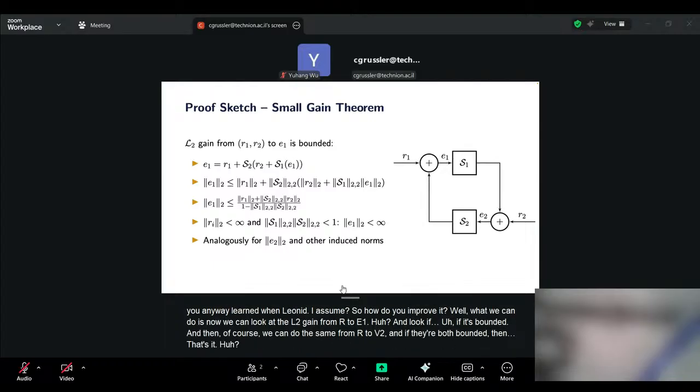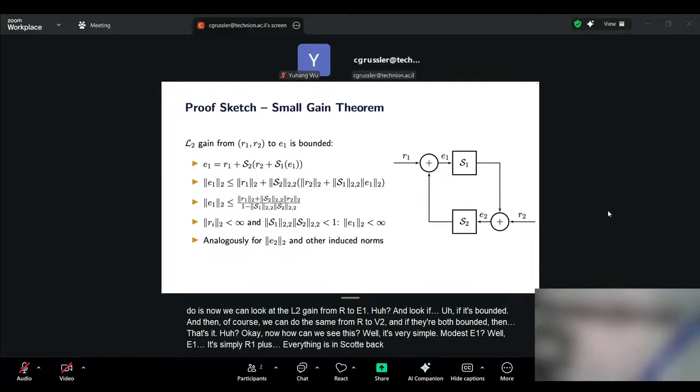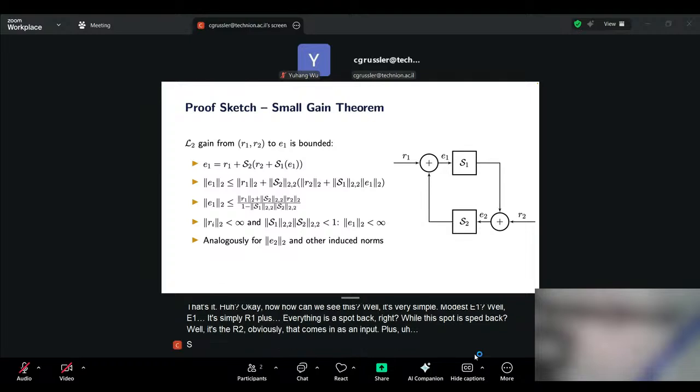Now, how can we see this? Well, it's very simple. What is E1? E1 is simply R1 plus everything that is fed back. What is fed back? It's the R2 that comes in as input plus S1 of E1, which also comes in to make E2.